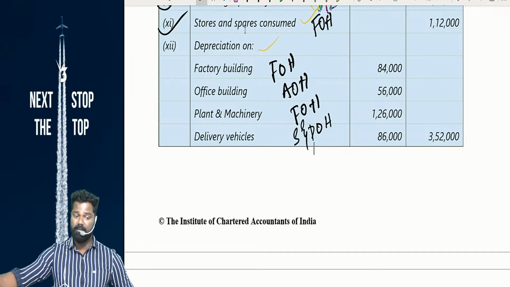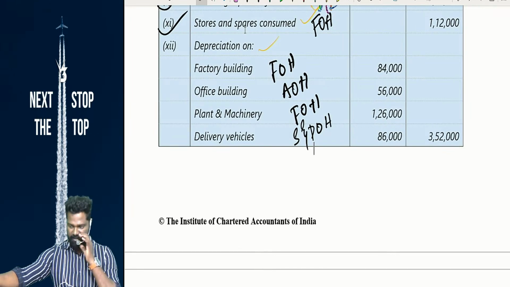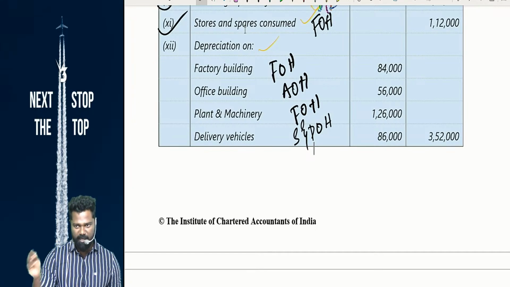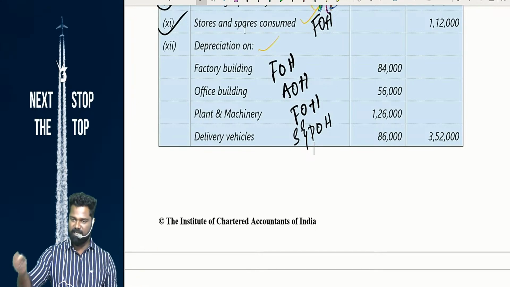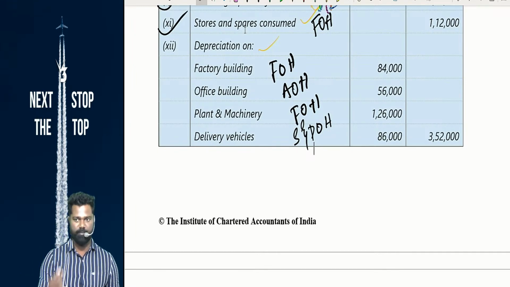Which depreciation? Depreciation is indirect only. Why? Listen. Are the machinery you purchased producing only this product? Say suppose a customer came and asked you to manufacture only this pen, and this pen costs 1 crore rupees.